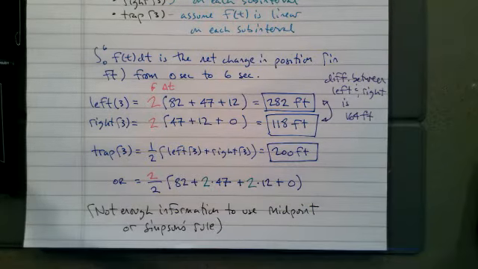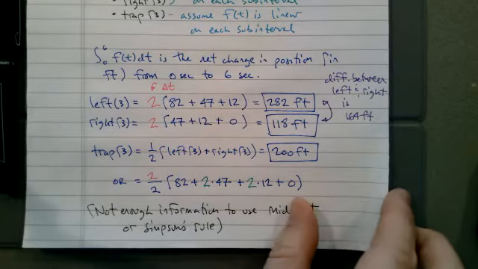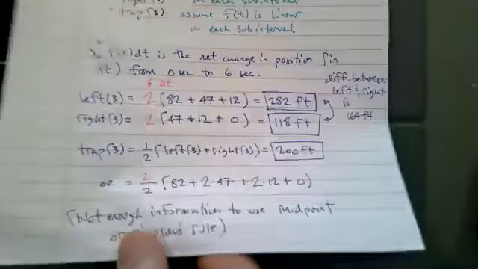So left minus right is 164. Let's actually write out that calculation and see how the difference between left and right depends on how often we record the velocity. What does delta t have to be if I want the difference? How does delta t affect the difference between the left and the right endpoints?